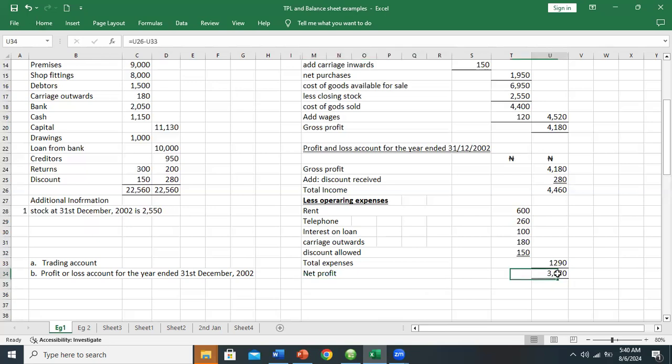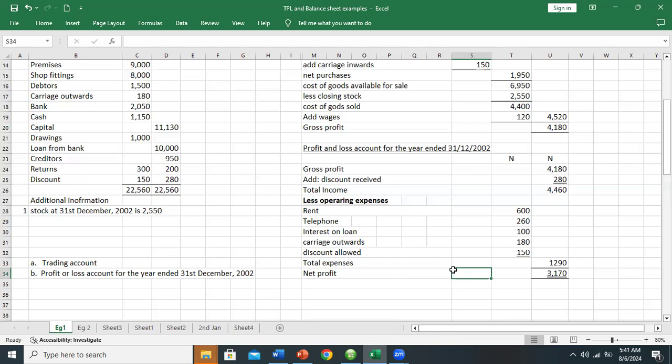It's also very simple. But the point is that you have to know what the expenses and the income are. Otherwise, you'll be picking the wrong items in there. Okay. Now, as we move on, we begin to know the specific items you have to take to the specific account and statement.